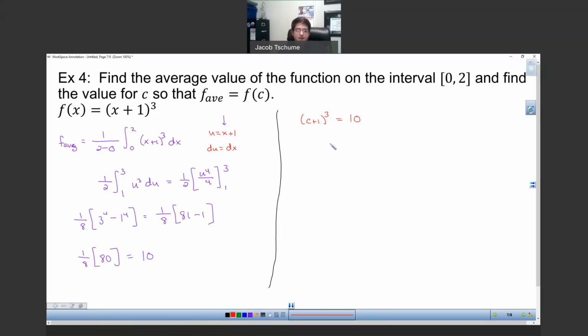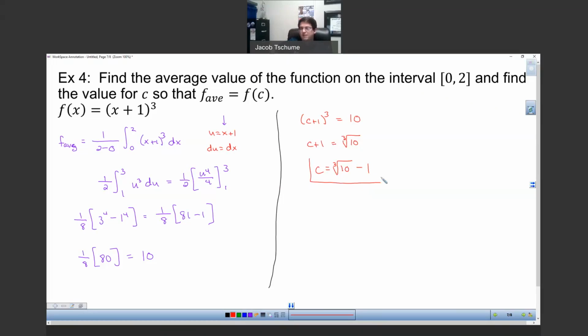If you take the cube root of both sides, c plus 1 would equal the cube root of 10. Then subtract 1 from both sides, and we can see that the value of c that makes the mean value theorem true would be the cube root of 10 minus 1.